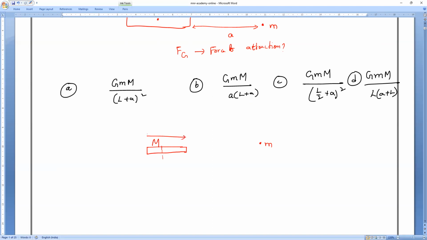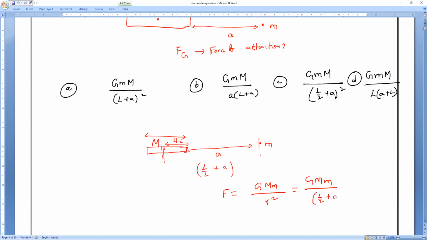So if the total length is L, then from the center to the end it will be L by 2, and this distance is A. So what is the total distance from the centers? L by 2 plus A. That is what you have taken. Then the force of attraction is G into capital M into small m divided by R squared, so G M m divided by L by 2 plus A whole square.